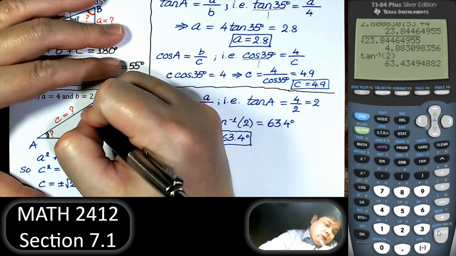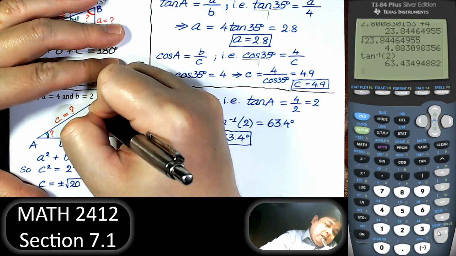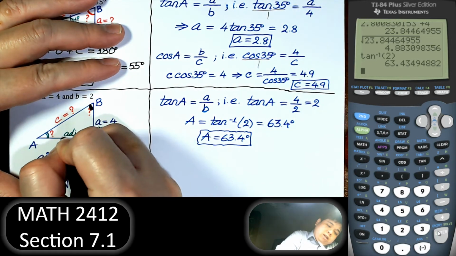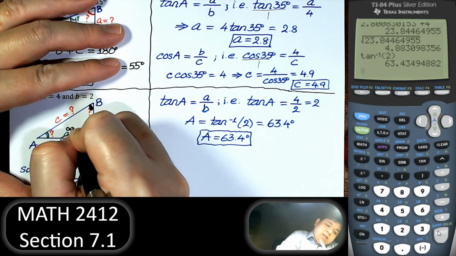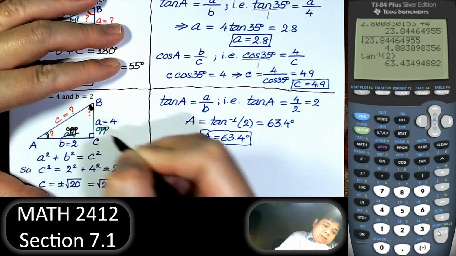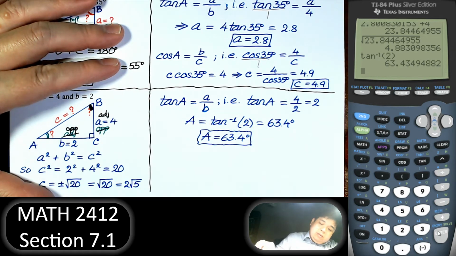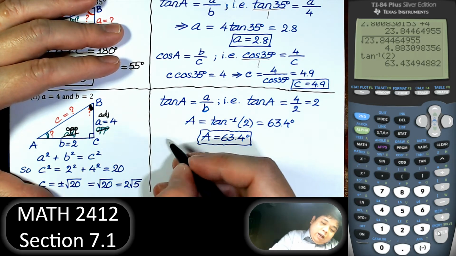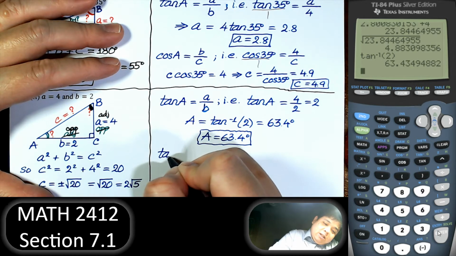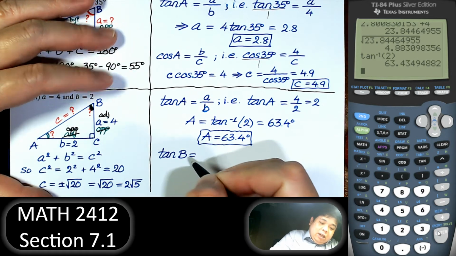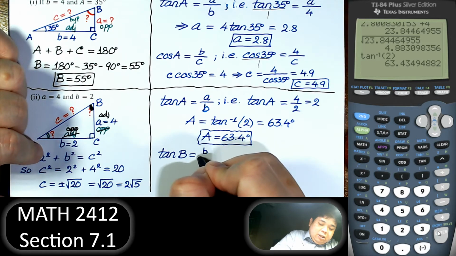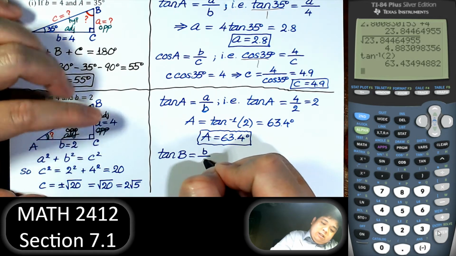Now, with respect to angle B here, this actually is going to be opposite, and this side is adjacent. So I'll write tangent of angle B is opposite over adjacent.